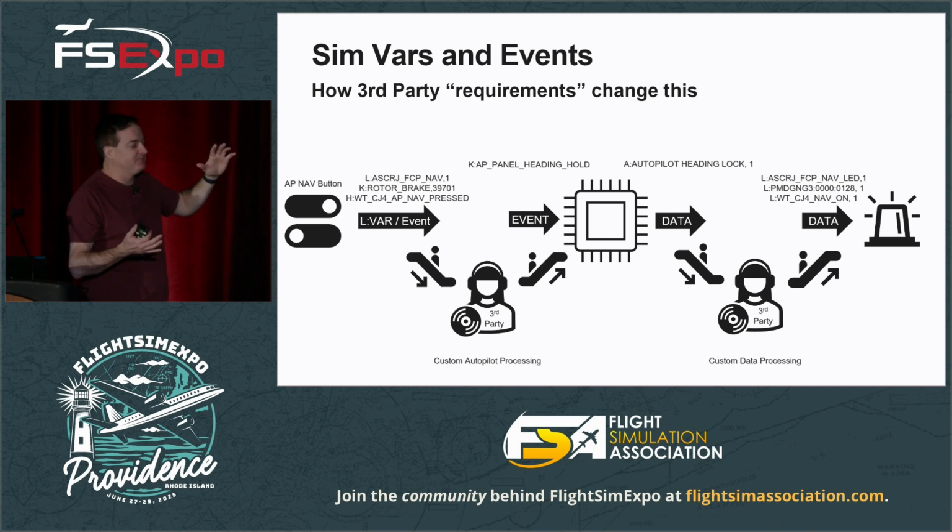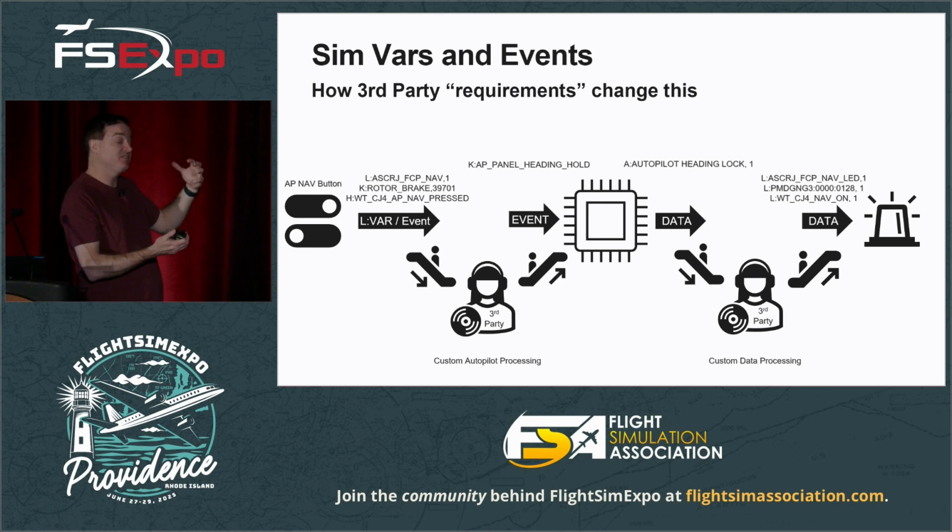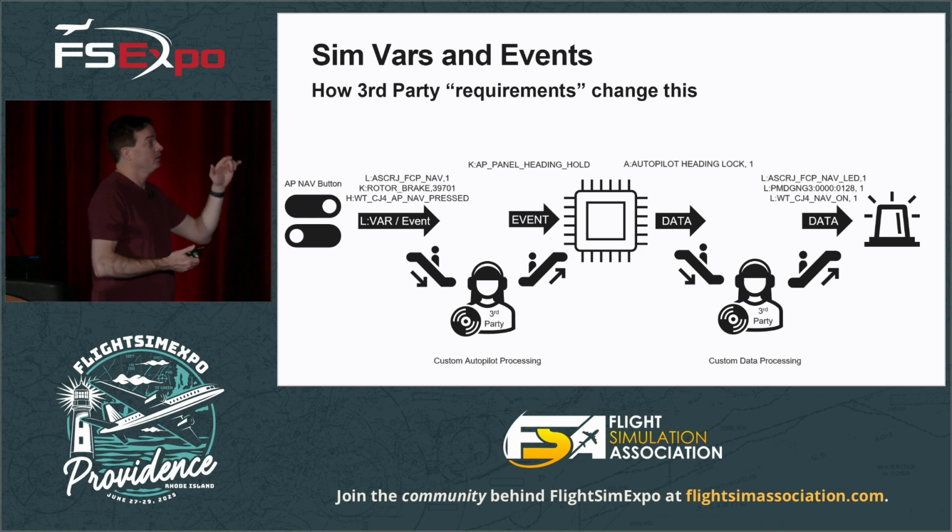Now, it's not really an event. It's a piece of data. It's a local variable. You'd set it to a 1, which is pushing the button, and it automatically resets to 0. That was their way of accepting an event and translating that into, I want to push the autopilot nav button.